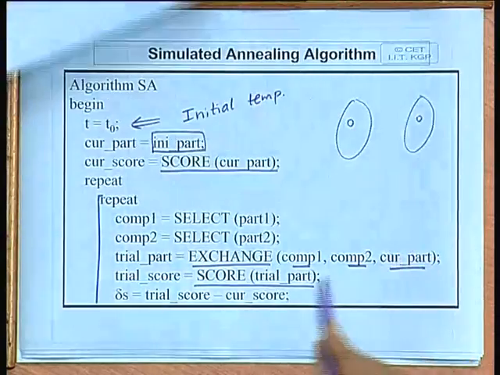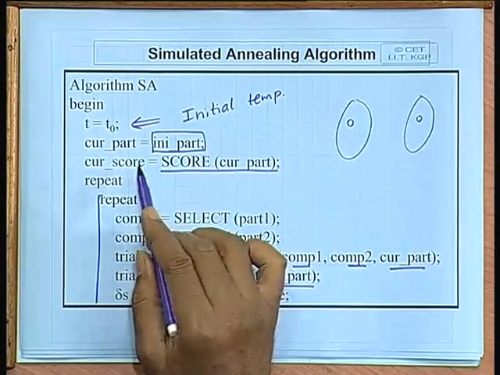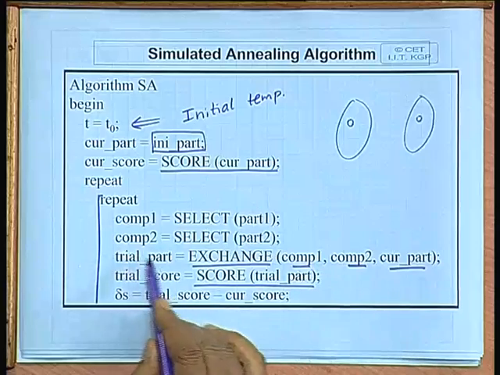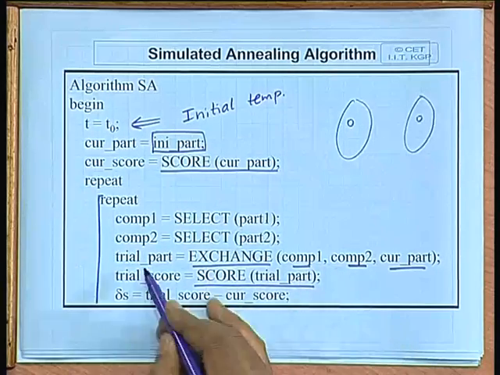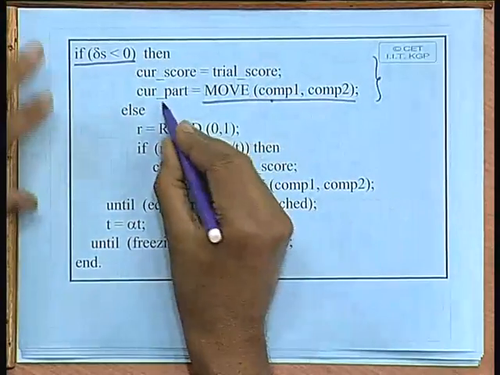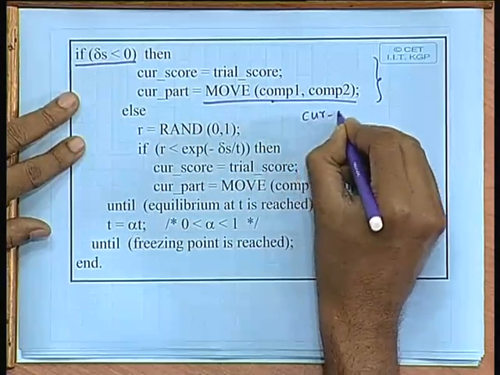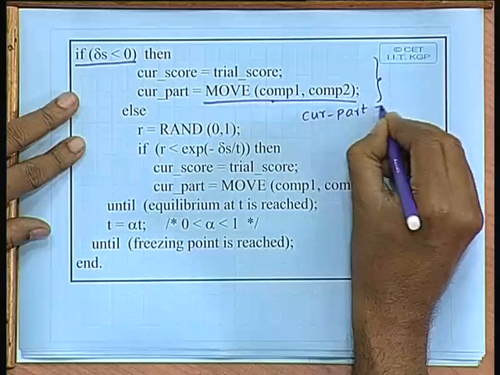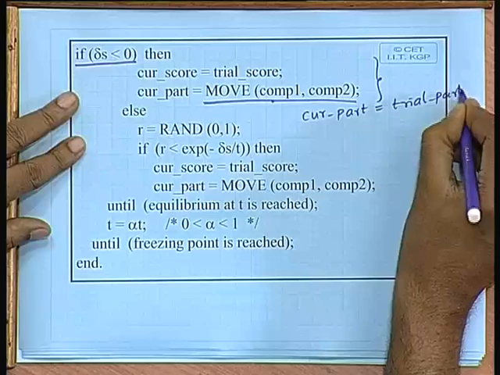Earlier this was just a trial exchange, we were not actually modifying the current partition. You can write this in two different ways. This was the trial partition, so either you can write it like this, or you can simply write current partition equal to trial partition. Either way means the same thing.